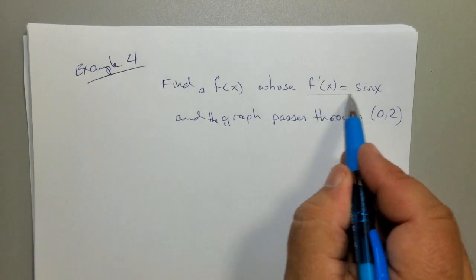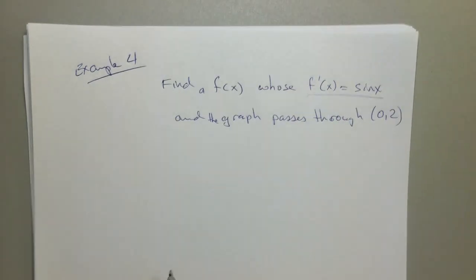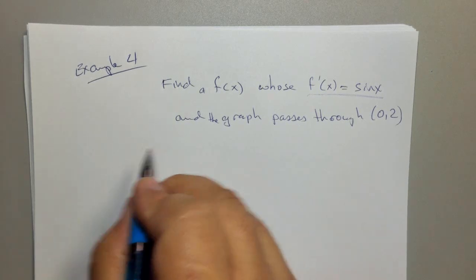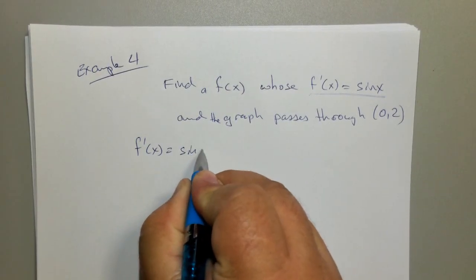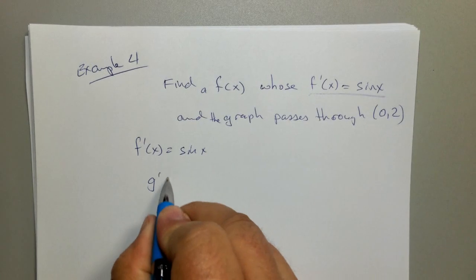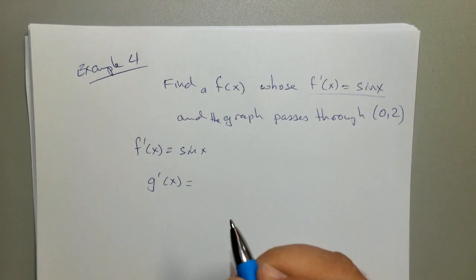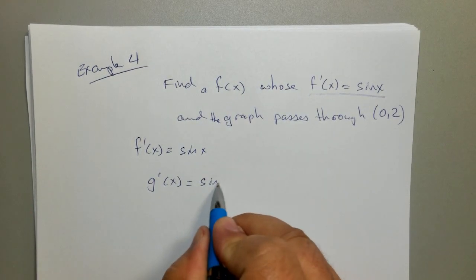So do we know any function whose first derivative equals sine x? Negative cosine. You remember it goes sine, cosine, negative sine, negative cosine. So we know that f prime of x equals sine x. So we can come up with a g prime of x that also has to equal sine x.